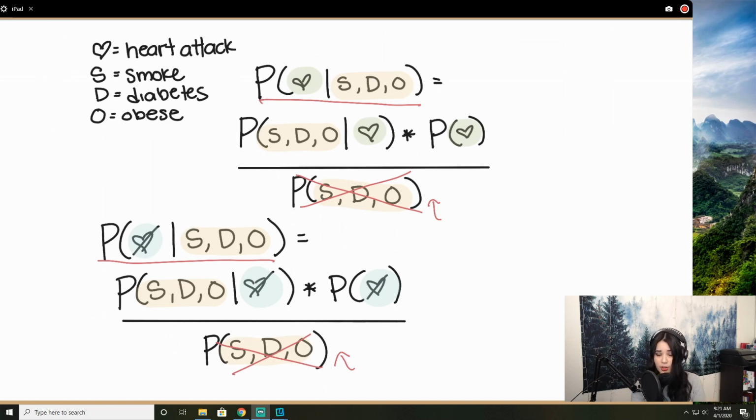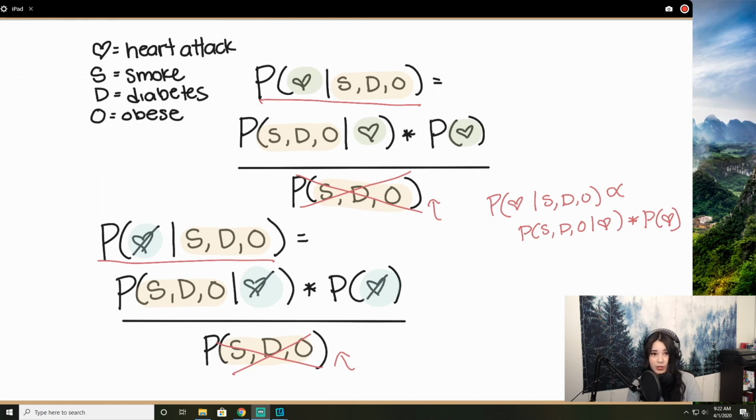The official term for this is that we say the probability of a heart attack given that you're a smoker, diabetic, and obese is proportional to the probability that you're a smoker, diabetic, and obese given that you had a heart attack times the probability that you had a heart attack.